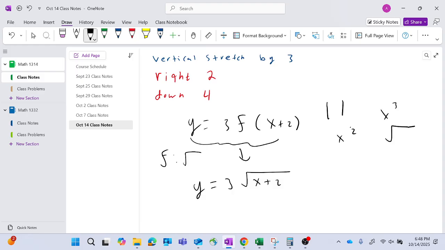If I say absolute value, y is 3 times the absolute value of x plus 2. Or if I say square, y equals 3 times x plus 2 squared. The f just stands for what function you're talking about: absolute value, square roots, cubic, quadratic, etc.